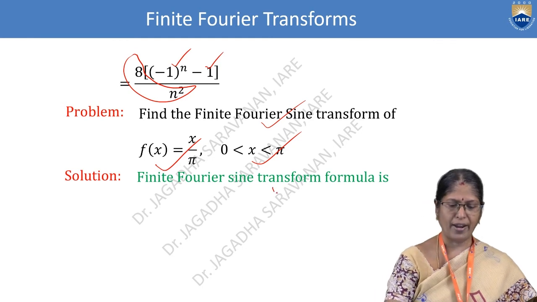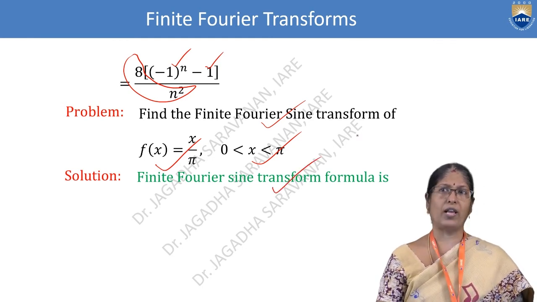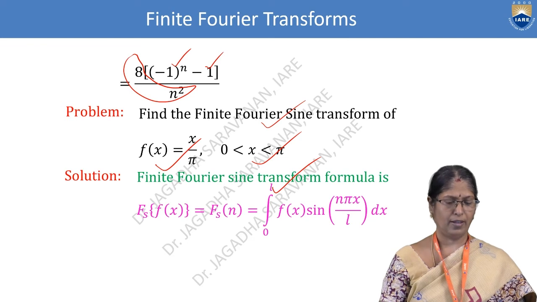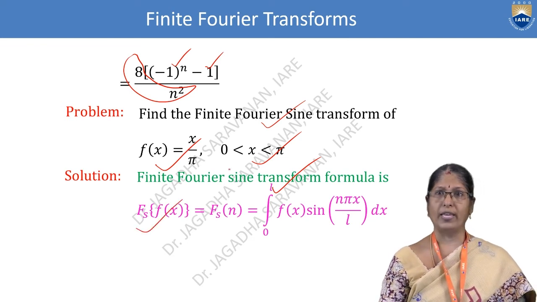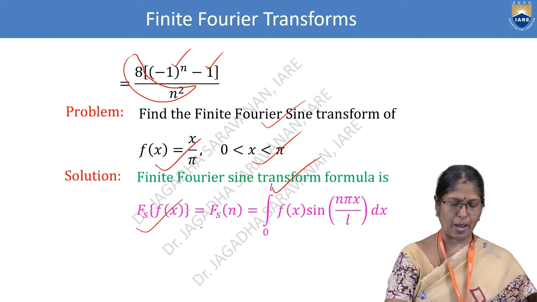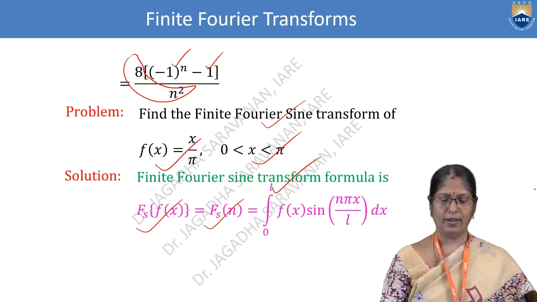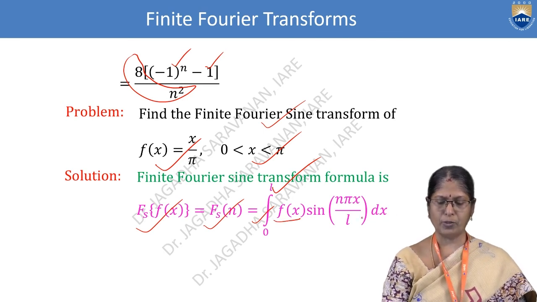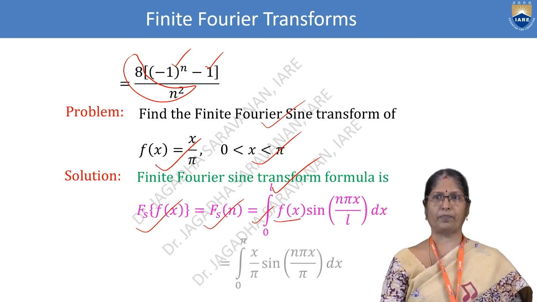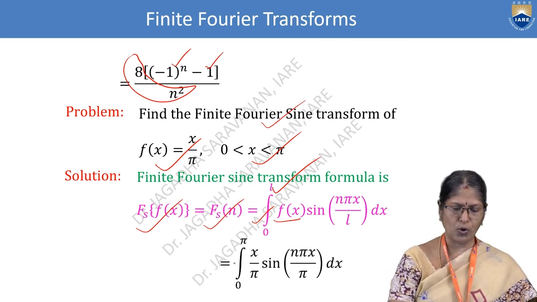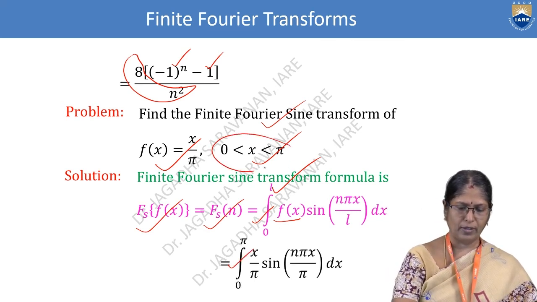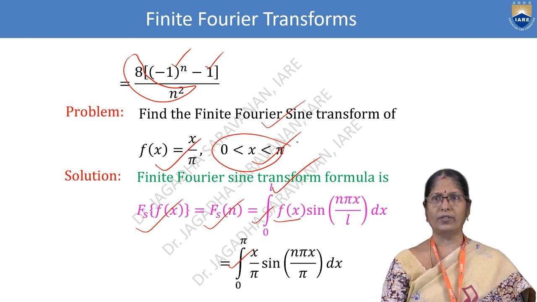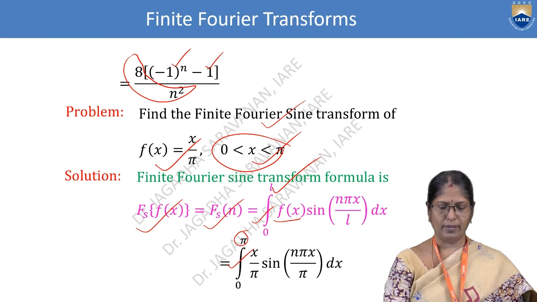Solution: the finite Fourier sine transform formula is capital F S of n equals the integral from 0 to L of f of x sine of n pi x by L dx. Now, ours is 0 to pi, so L is pi.